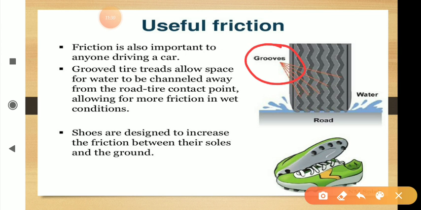These grooves allow the water to channel away, so that tire and road can have a high level of friction, so that when we apply brakes, the vehicle can stop easily. If we play football, specially designed shoes are there to provide a larger amount of friction between the soles of the shoes and the ground.